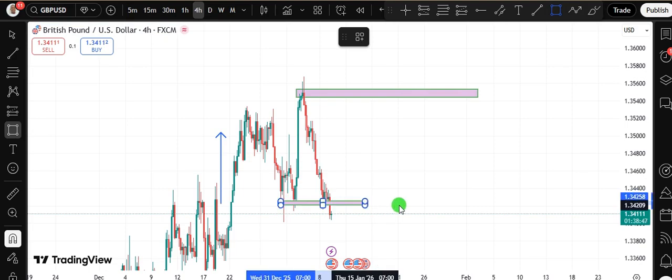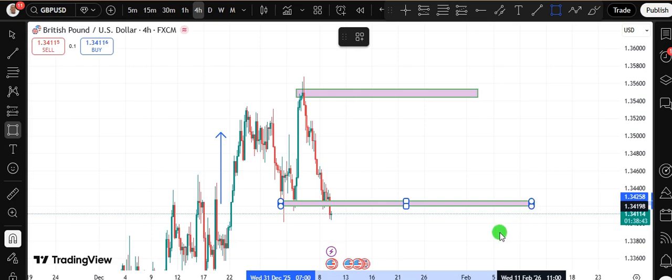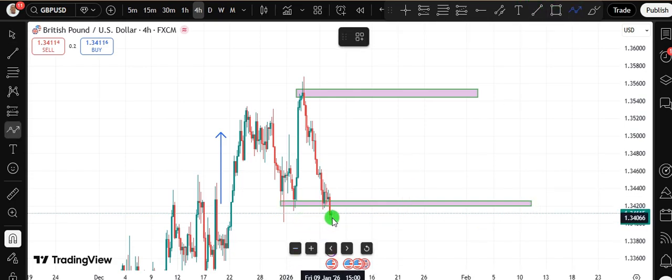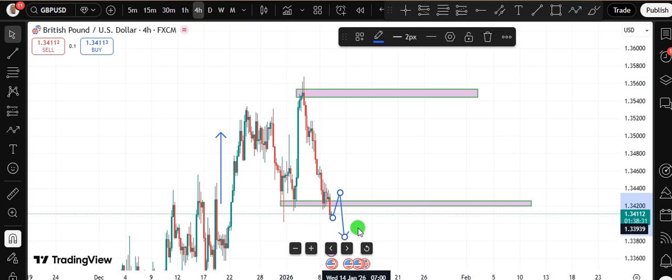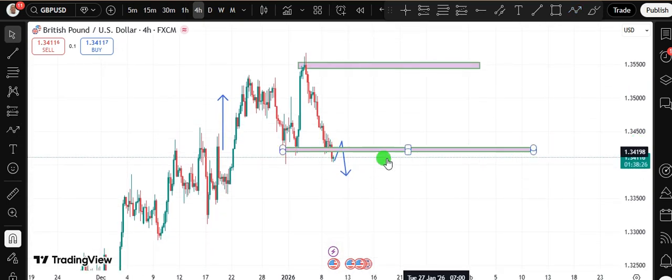There is a zone that actually got broken. What are we expecting? Just like I told you earlier, probably a break into this, maybe even into this, then getting rejection, and then the bearish move continues from this level. This is what I'll be expecting on the NFP today.